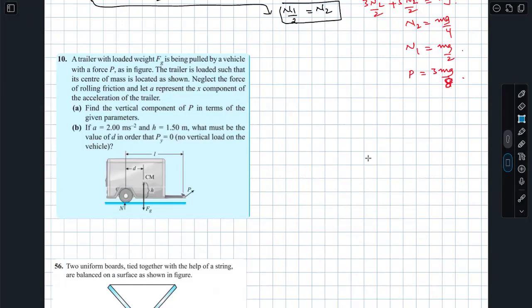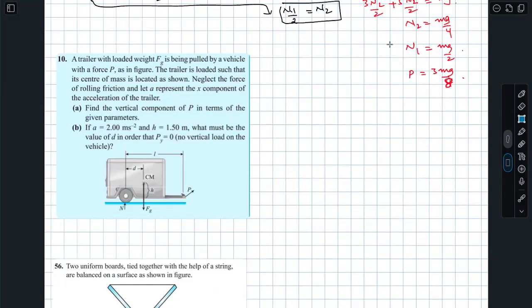A trailer with a loaded weight Fg is being pulled by a vehicle with a force P. You can see that in the diagram. The trailer is loaded such that its center of mass is located as shown. Neglect the force of rolling friction and let A represent the X component of the acceleration of the trailer. Find the vertical component of P in terms of given parameters.